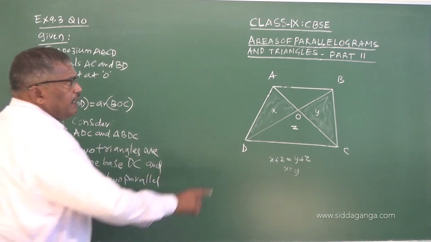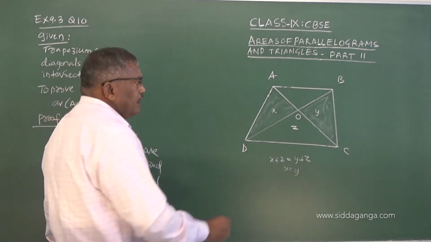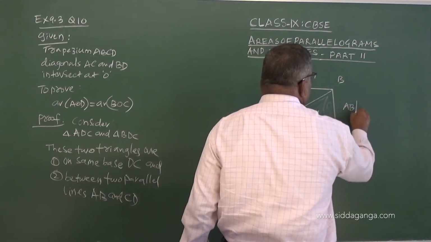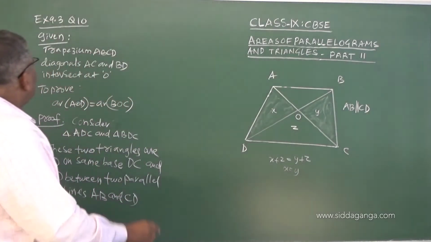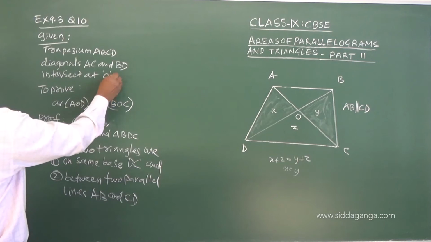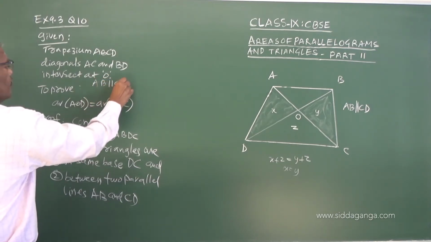So why are they parallel? It is a trapezium, therefore one pair is always parallel. So in this figure, AB parallel to CD. It is a given data. So trapezium ABCD diagonals. So you can mention here AB parallel to CD.